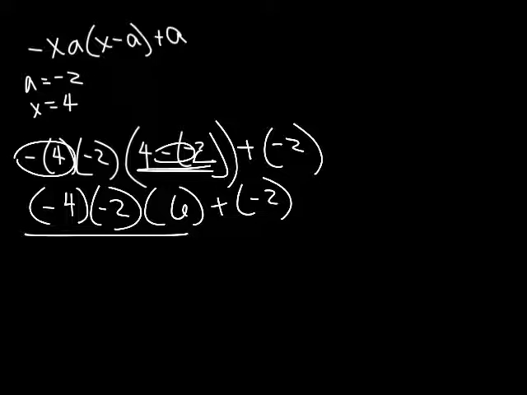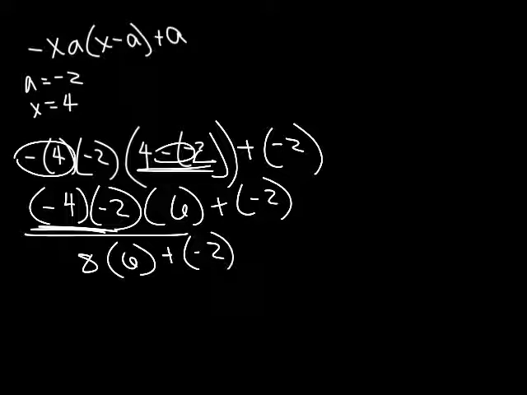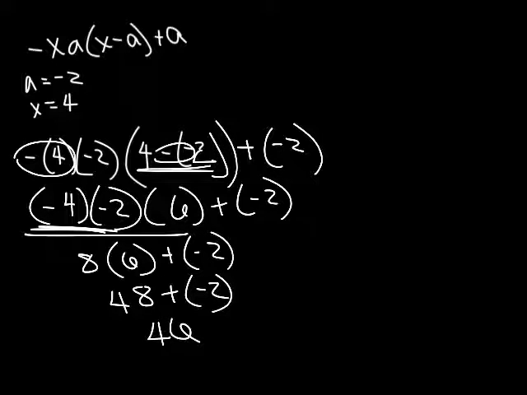Multiply all these. Negative 4 times negative 2 is positive 8. 8 times 6 is 48. Signs are different, so I'm going to take the difference, put the sign of the largest number on my answer, and get 46. So that is problem set 14. Again, it's just practicing and practicing and practicing in order to get these down.